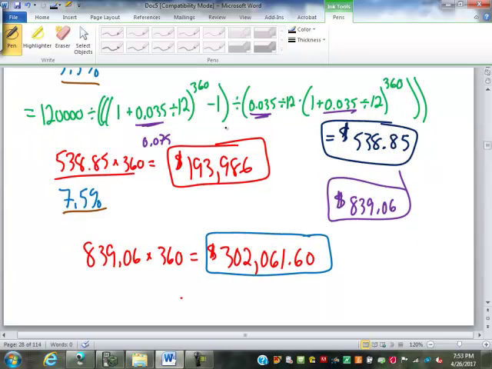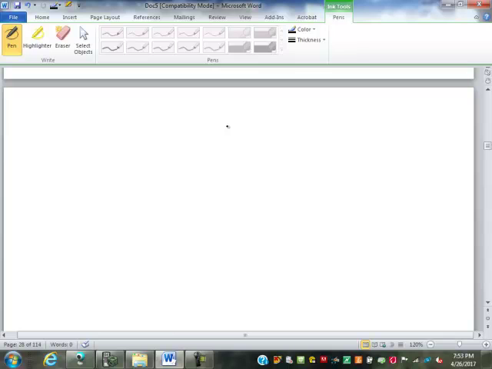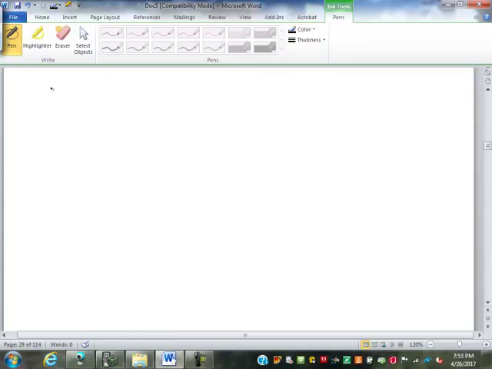Now I want to compare this. We're going to do a different example here. Let's say that Blair buys a $90,000 home.